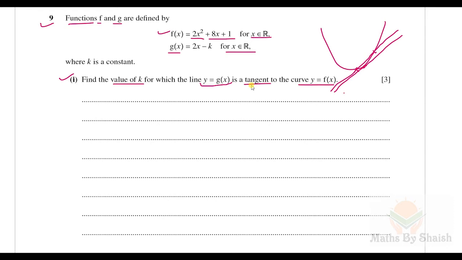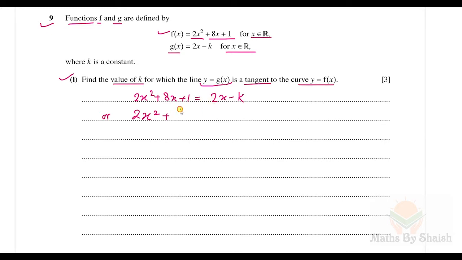So we get 2x squared plus 8x plus 1 is equal to 2x minus k, or we can rewrite, because we need to write the quadratic equation where we can use the discriminant property. So it is 2x squared plus 8x minus 2x, that is 6x, plus 1 plus k is equal to 0 for one root.